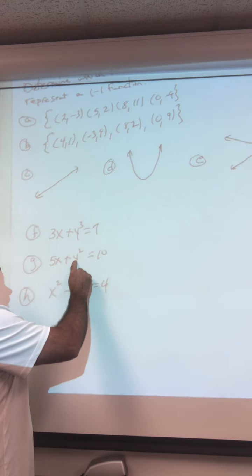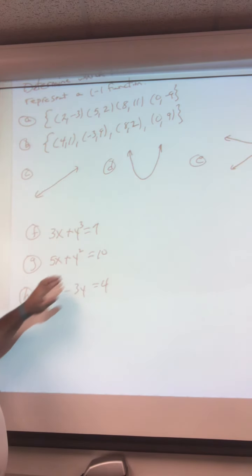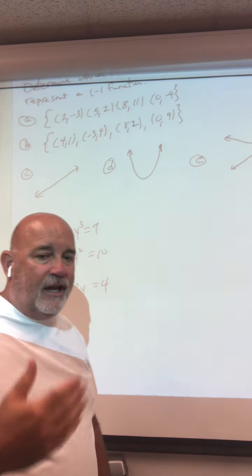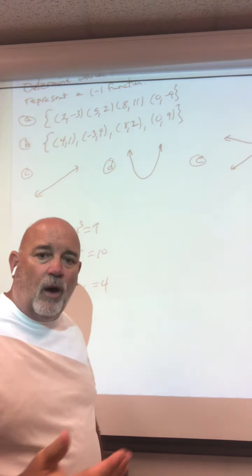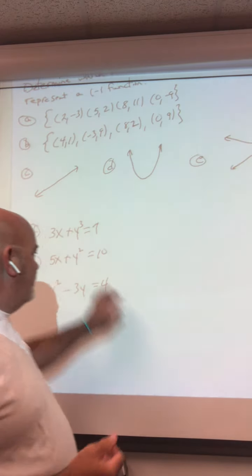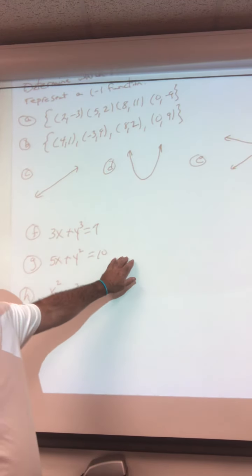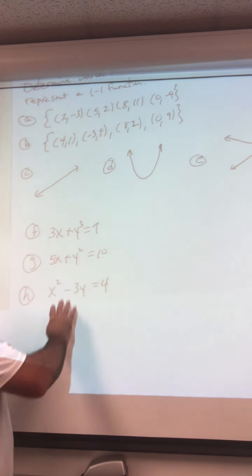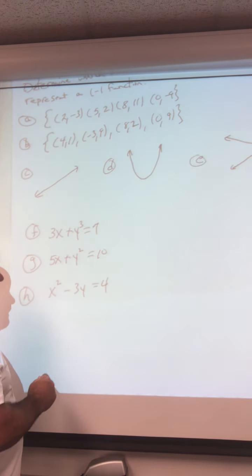Now let's look at this one. G. Biggest power of y is even. So this is not a function. So if it's not a function, is there any way that it can be a one-to-one function? No. So the answer to G would be no, and then you could say because it's not even a function. All right, H. Is it a function?